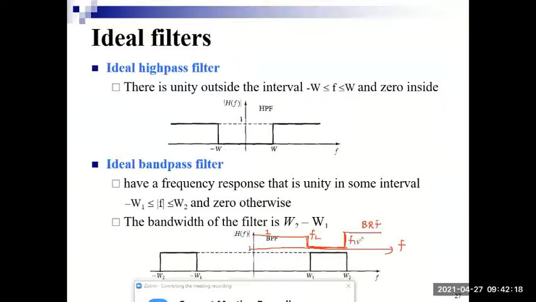This is the characteristic of an ideal band reject or band elimination filter. We generally call these frequencies the lower and higher cutoff frequencies, here mentioned as W1 and W2.